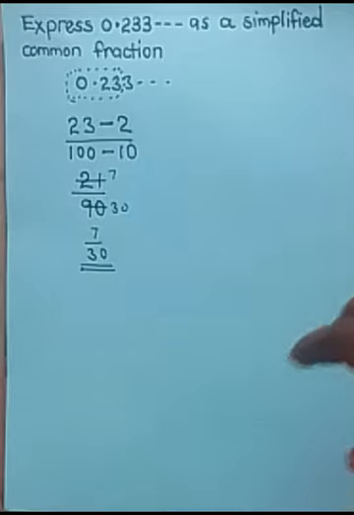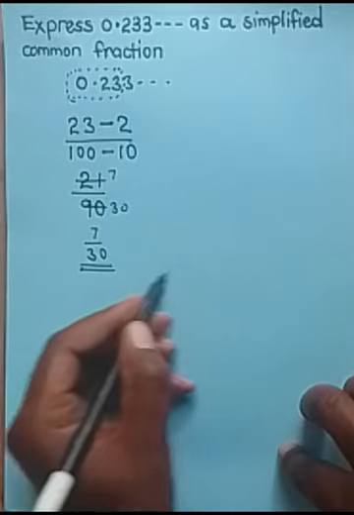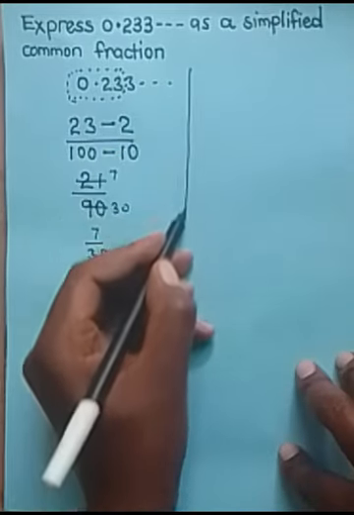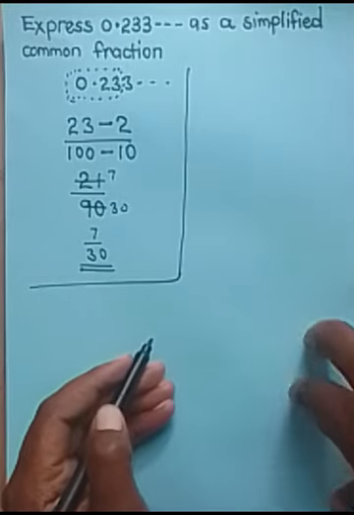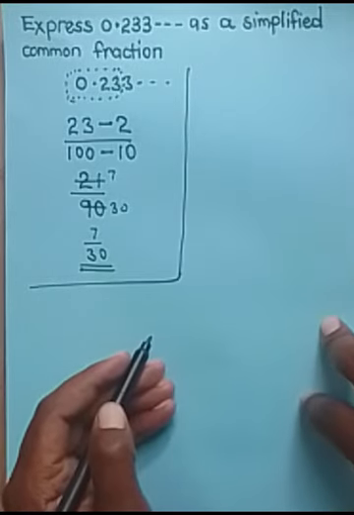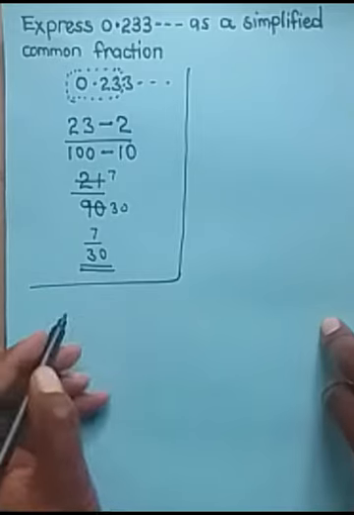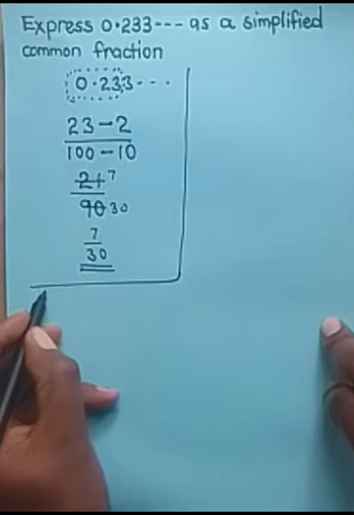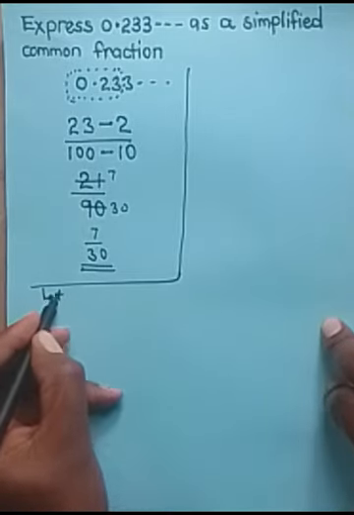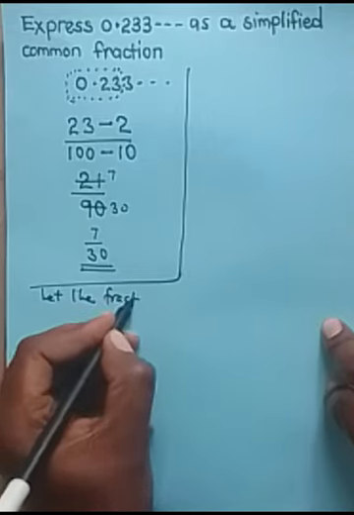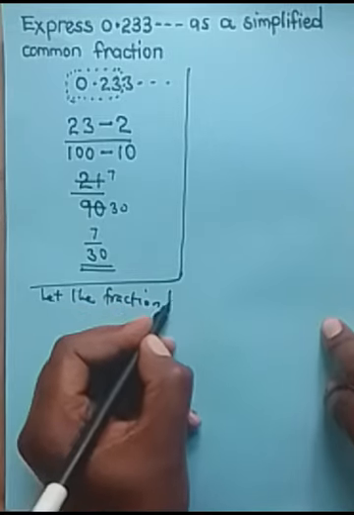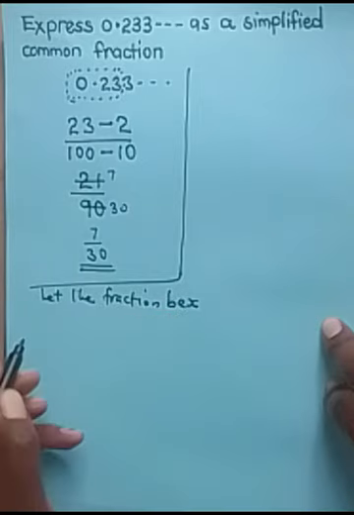But there is another method we can use. Let's look at it. Method number 2. In method number 2, we are going to form equations. We are going to say, let the fraction be x.